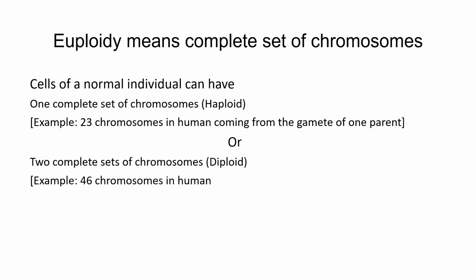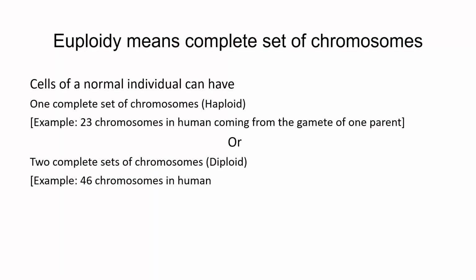In human, the haploid number is 23, and that comes from one gamete. If we have two sets of chromosomes, which is the normal condition that we all have, we call it diploid, that is 46 chromosomes in human.